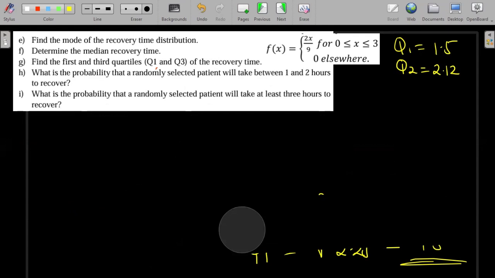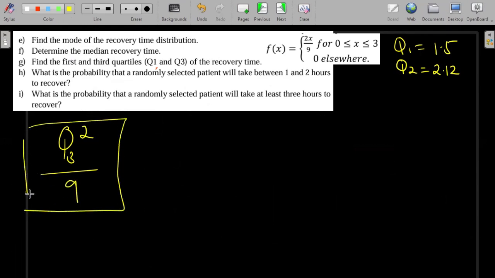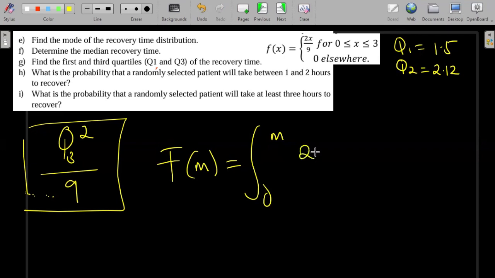For Q3, we're just equating the CDF to 0.75. So I'll write Q3 squared divided by 9. Some people may be asking where this is coming from. When we found the CDF of m, we had the integral from 0 to m of the function 2x over 9 dx.